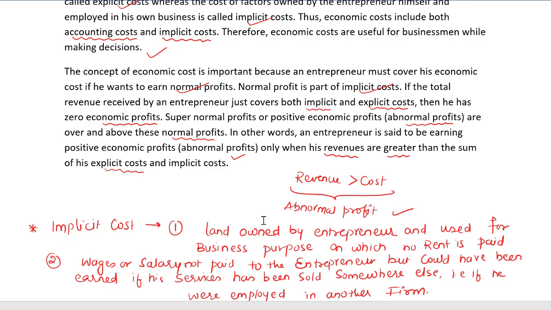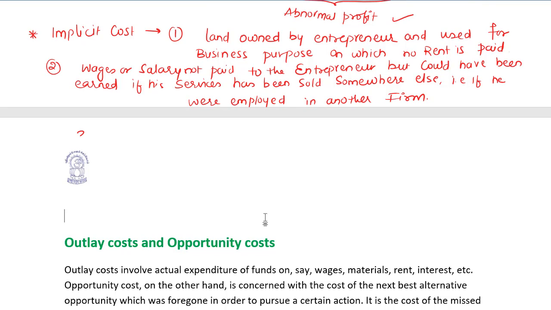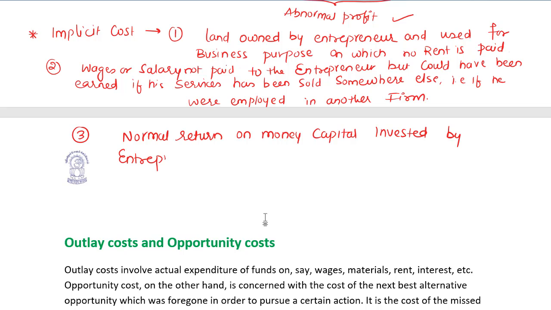Okay. Third point, normal return on money capital invested by the entrepreneur himself in his own business. This is also a part of implicit cost.